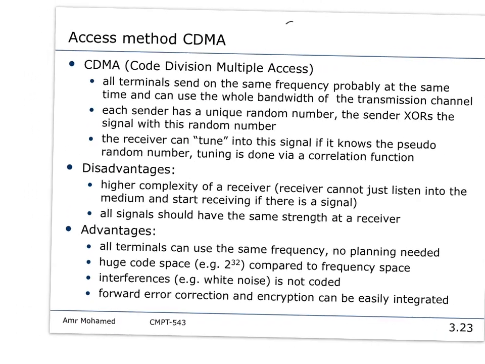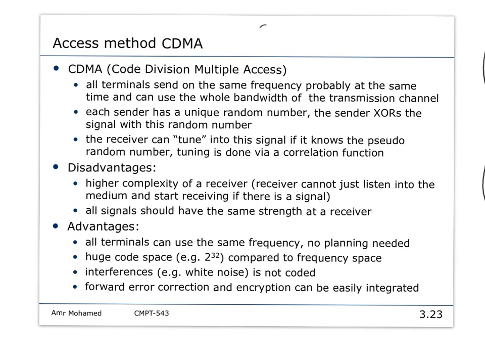All right, so going back here, the receiver can then tune into this signal if it knows the pseudo-random number, which is the code. What is the disadvantage? Well, the disadvantage now is that the receiver needs to maintain all these codes.